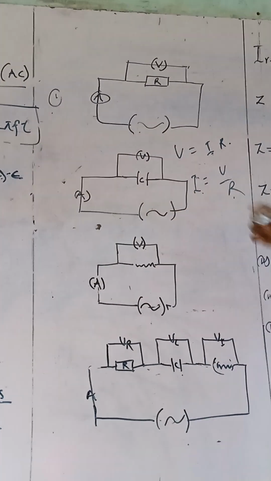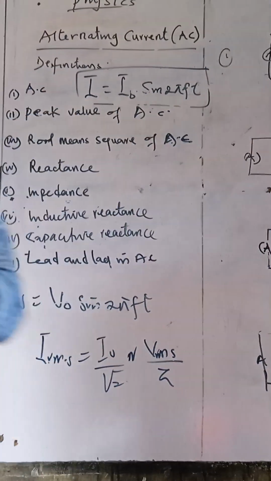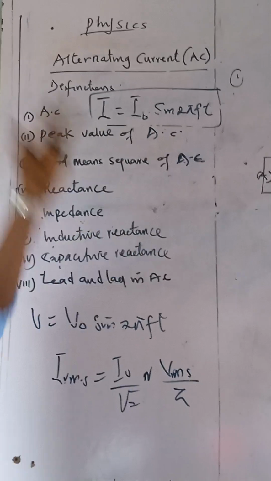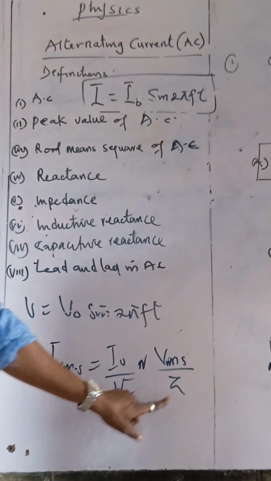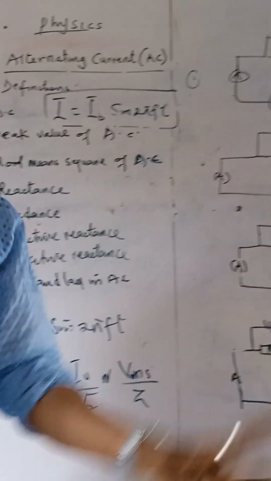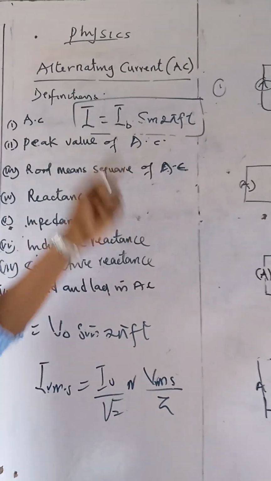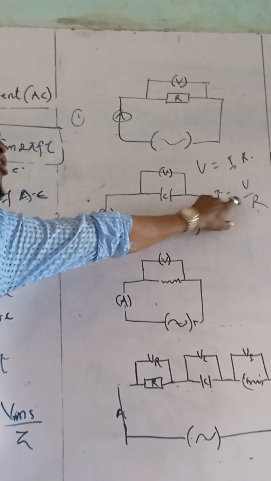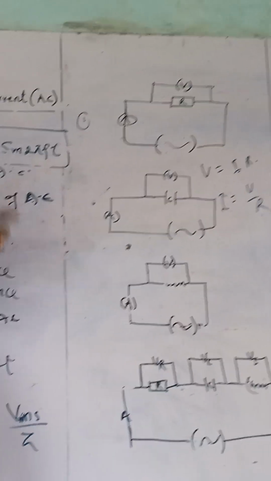But because I'm not using only a resistor here, I have told you that it is a situation where the three of them behave like resistors. So when the three of them behave together, we don't use R, then we use what? Z. It shows that all of the resistor, capacitor, and inductor are now our what? Impedance. And that's why I'm changing the value from an ordinary current to AC current.